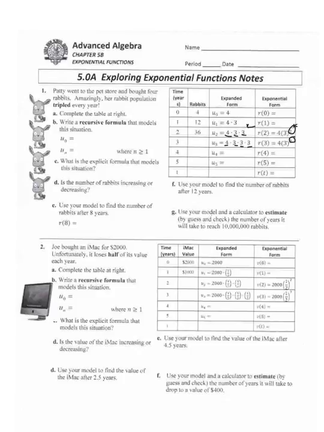So this exponent 2 maybe corresponds to these two 3's. This exponent of 3 corresponds to multiplying 3 by itself 3 times.